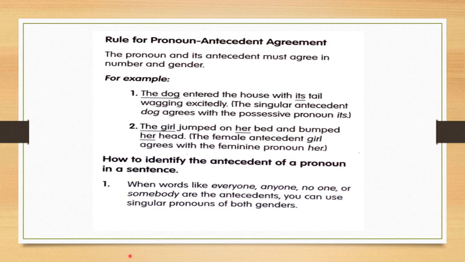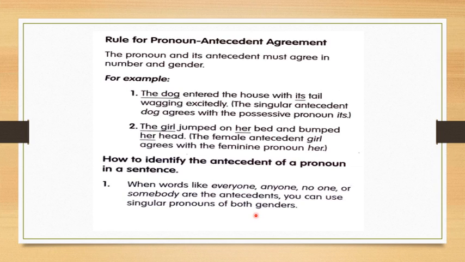Now, how to identify the antecedent of a pronoun in a sentence. When words like everyone, anyone, no one or somebody are the antecedents, you can use singular pronouns of both genders.